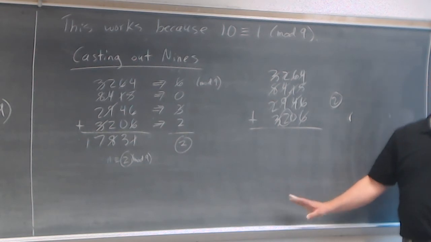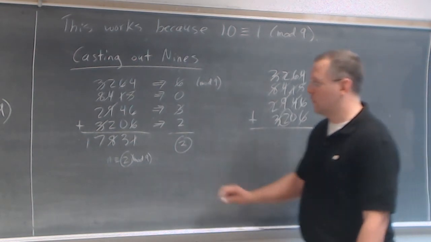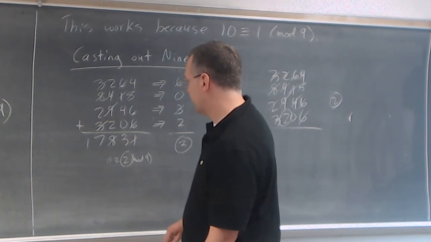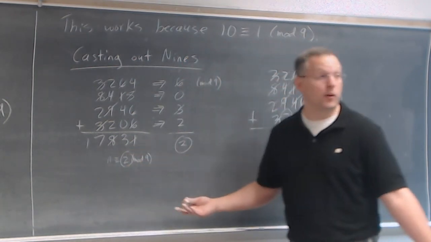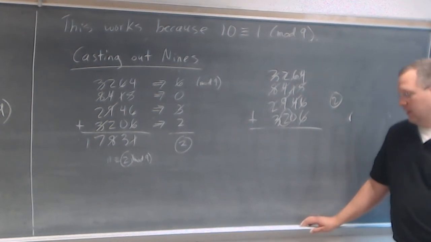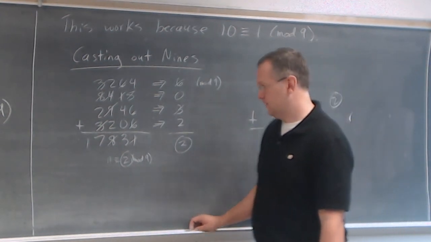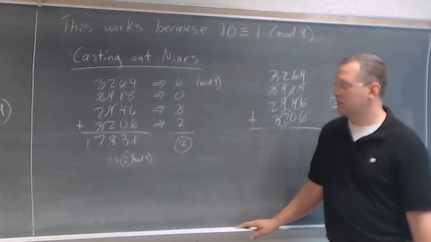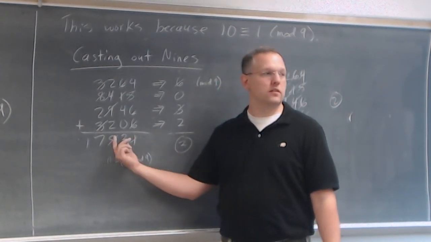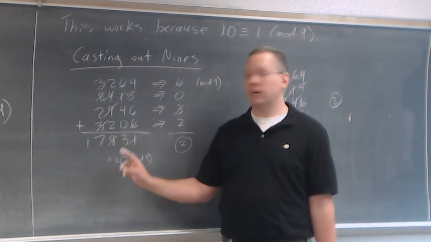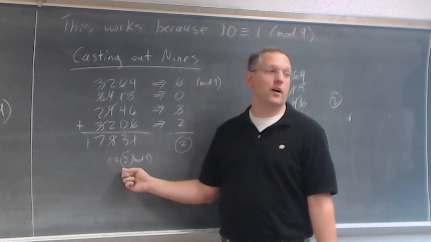Now it doesn't guarantee they're right. Like if you wrote 840. Yeah, if you put 840. Sure. If you're off by a multiple of 9. Which happens when you transpose numbers. But if you transpose, you still have the same modulus.